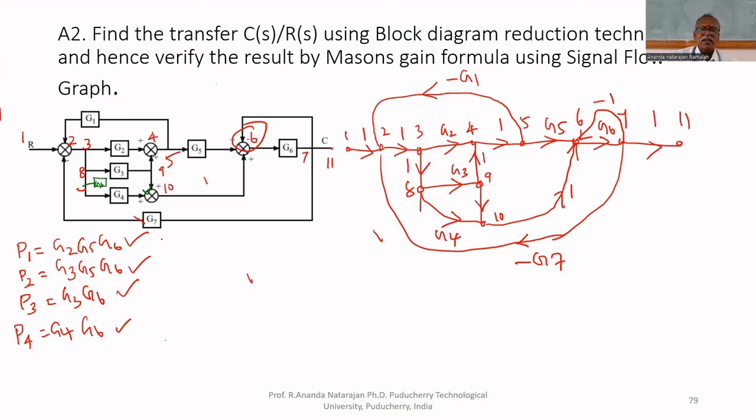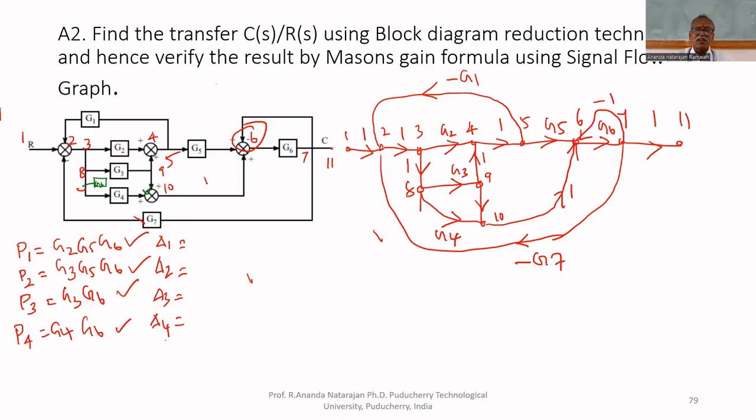Now I can find the delta. To find delta, what all do we have to find? Delta 1, delta 2, delta 3, delta 4. What is delta 1? Delta 1 is the part of the graph which is not touching the forward path. The forward path is G2, G5, G6.